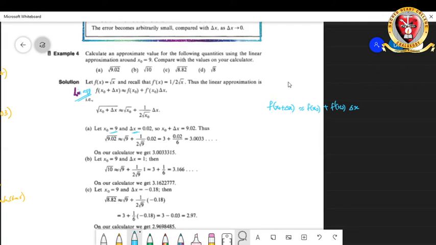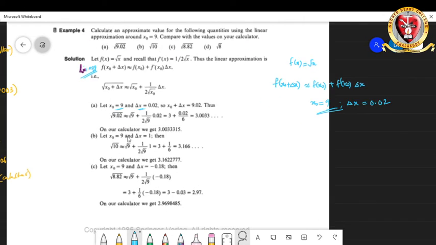You have taken f of x to be root x. Then substitute whatever is required, with x naught equal to 9 and delta x equal to 0.02. For part B, you take x naught to be 9 and delta x to be 1, because the total has to be 10. Then do the same.